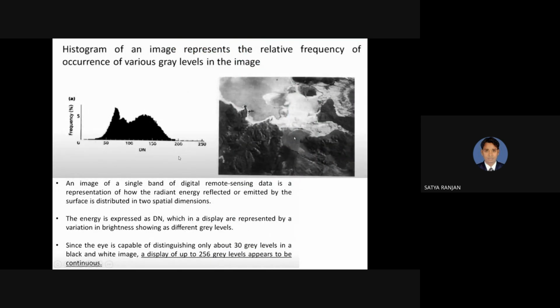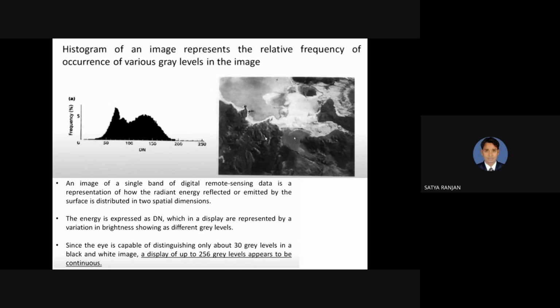So for some examples, this is the satellite image. In the graph, the y-axis is the frequency and the x-axis is the DN value. We have already gone through the DN value. When the brightness is large, then the DN value is also very large.